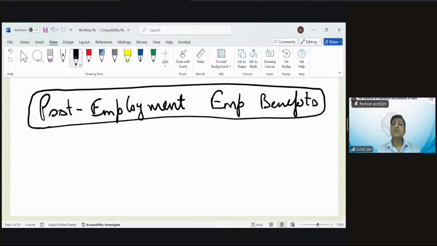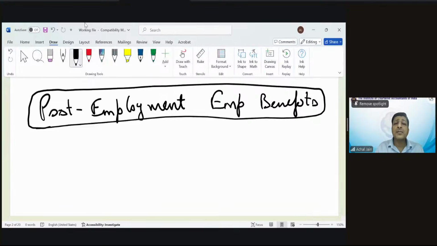So now what is post-employment? As the terminology suggests, any employee benefit which is payable to the employee at the time of his or her retirement.